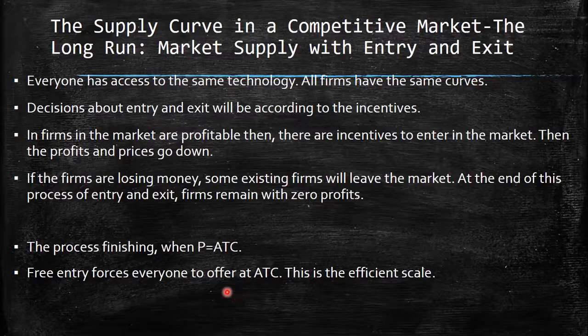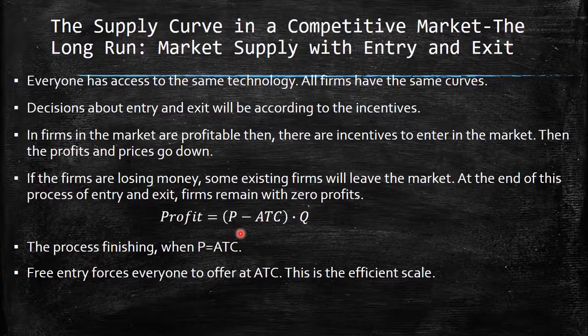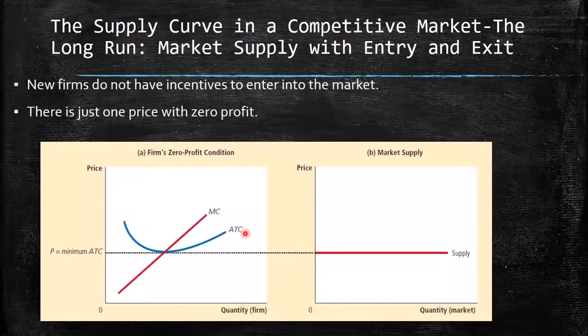So free entry forces everyone to offer at average total cost, what we called previously the efficient scale. So here is what we have: profits are positive when P is higher than ATC, losses when P is lower than ATC, and zero when P is equal to average total cost.